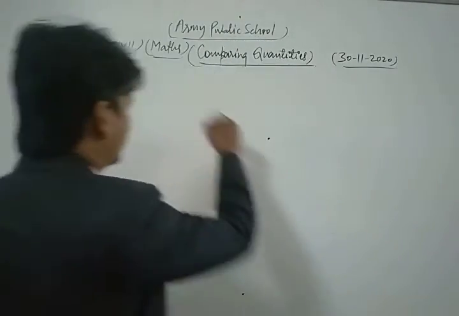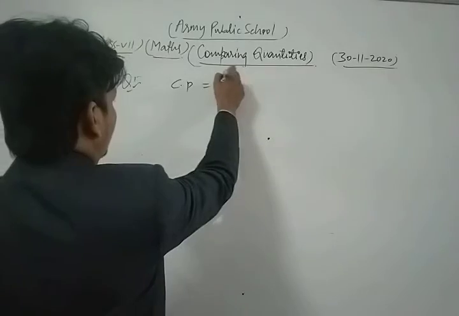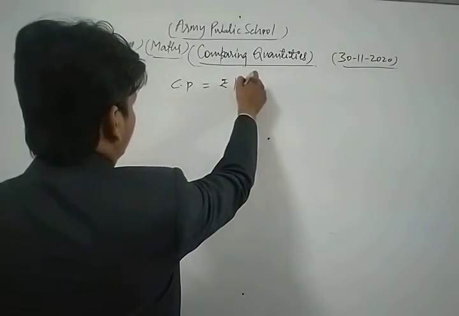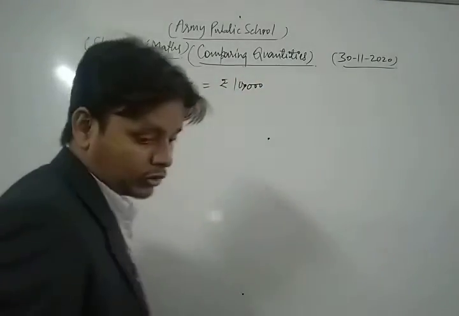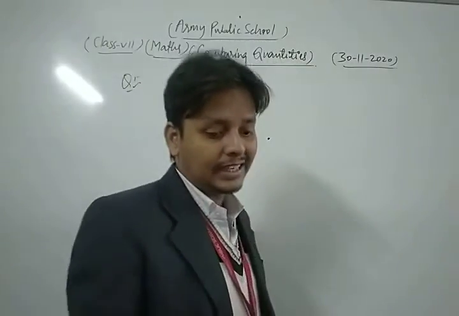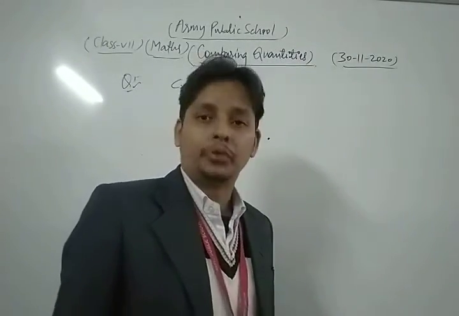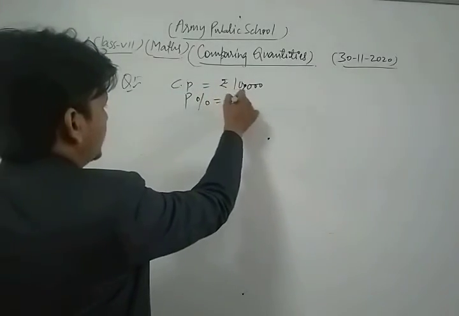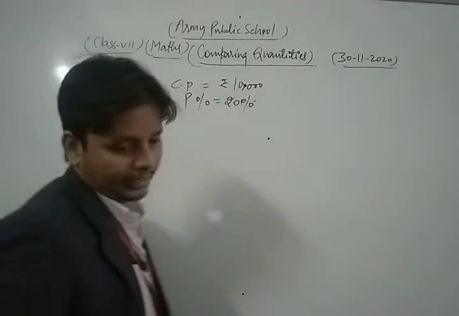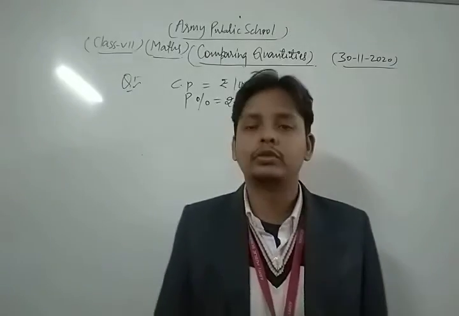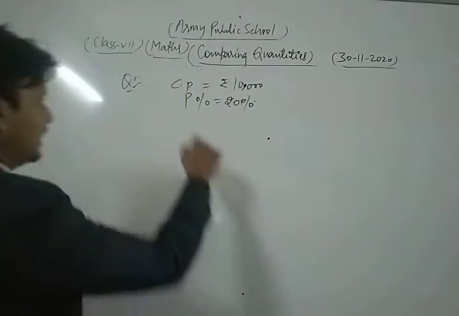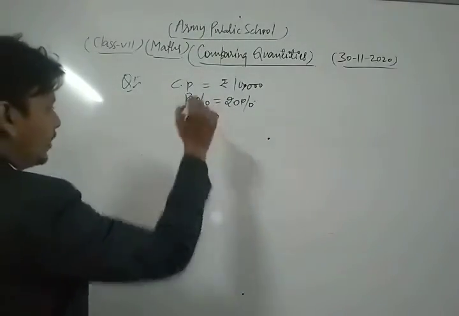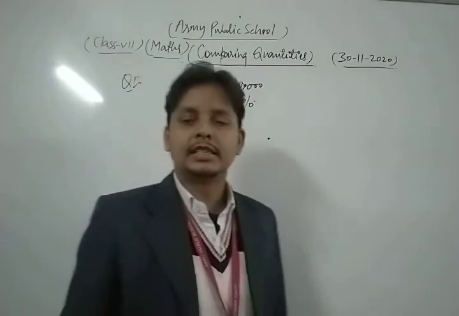Means the cost price of the TV is rupees 10,000, and I sell it at a profit of 20%. Means the profit percent is also given in that question, which is 20%. And our question: how much money do I get for it? Means we find the selling price of that TV.